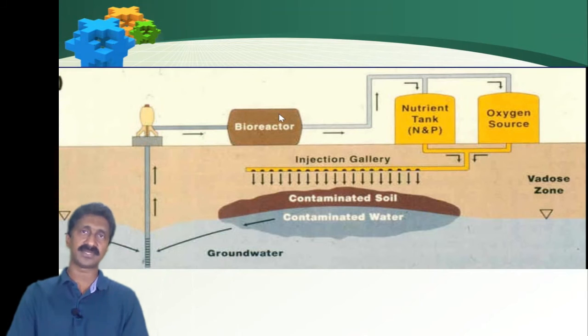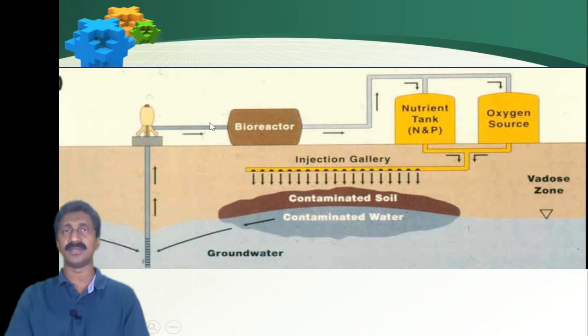If your treatment is effective, then the level of the contaminant will be progressively reducing during the course of treatment. And at some point, by analyzing the sample, you can see that okay, now the contaminant is removed. So this is the process of the pump and treat method.